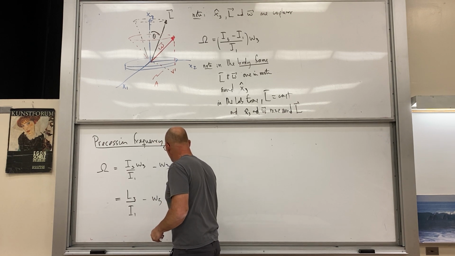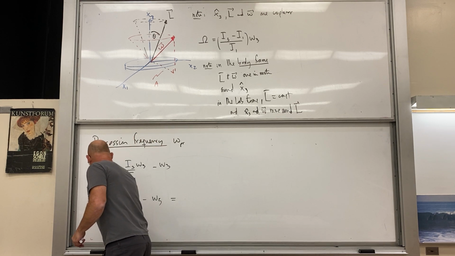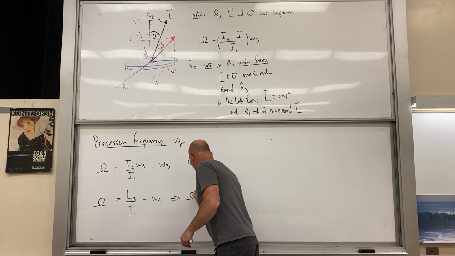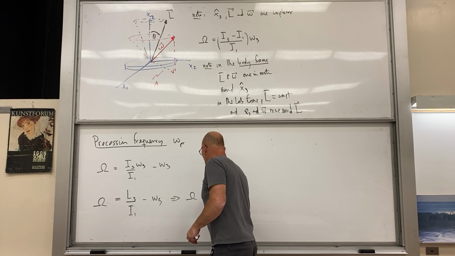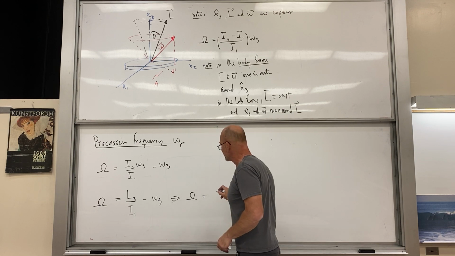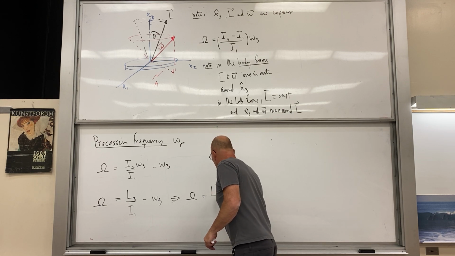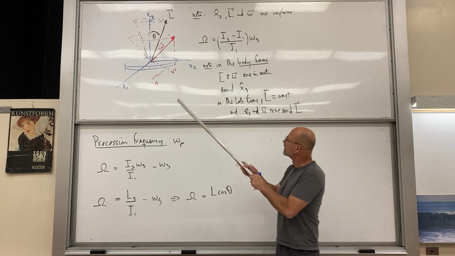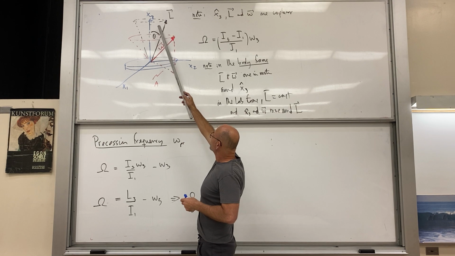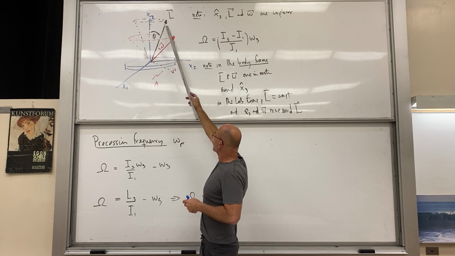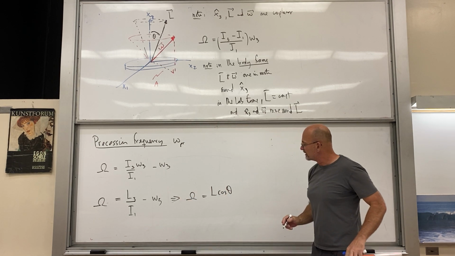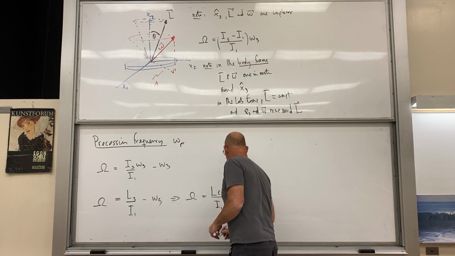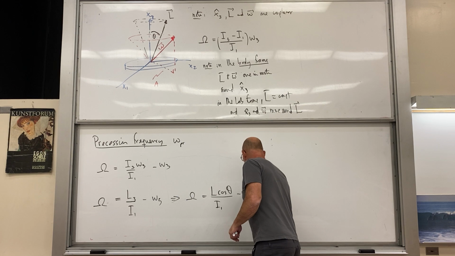So I can also write this omega as L cos theta, right? L sub 3 is the projection onto the 3 axis. So it can be L cos theta over I sub 1 minus omega sub 3.